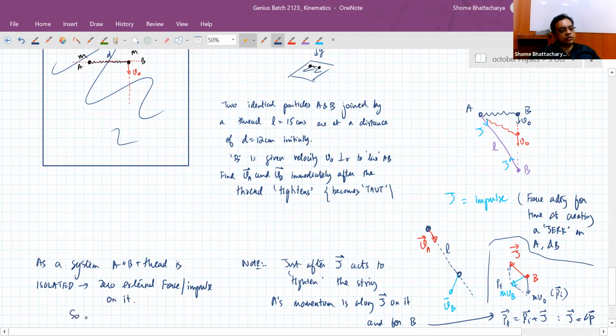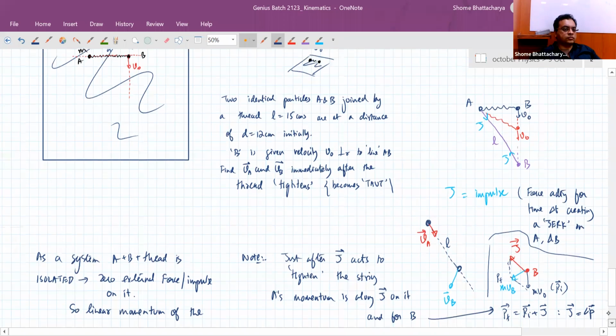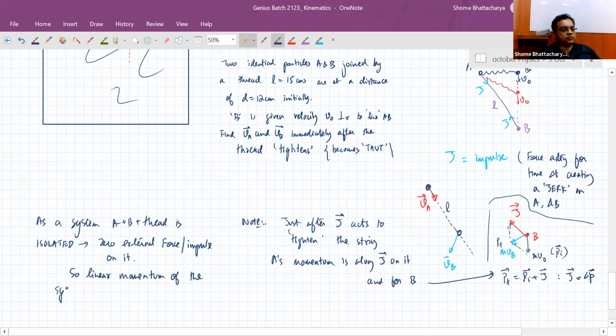Okay. So the linear momentum of the system should be conserved. So this is the concept that is going to be a little new for us over here, linear momentum conservation.